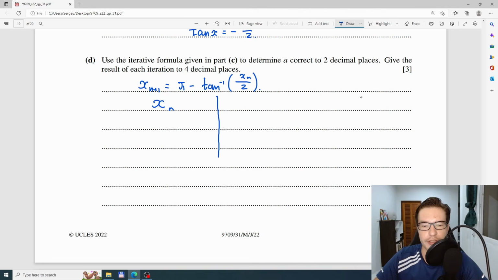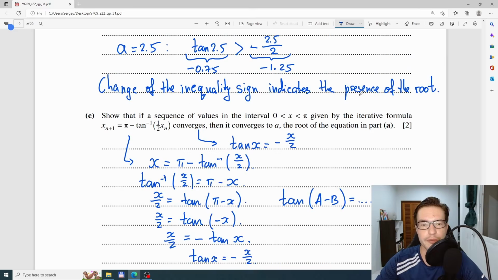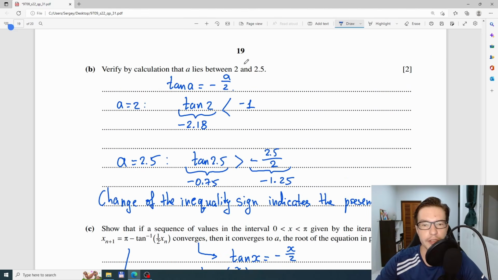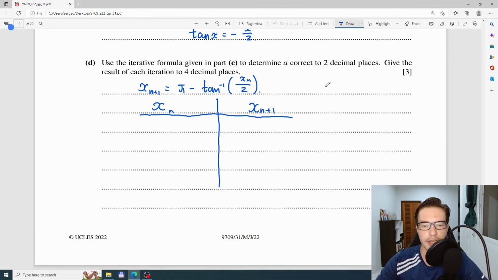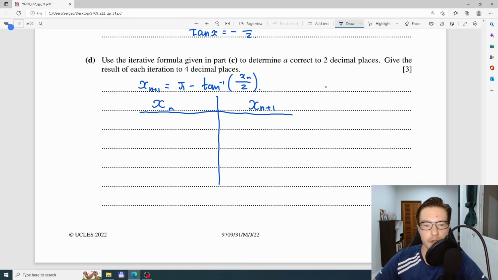I will draw xn, and then the next value x n plus 1. In the previous part, we know that a is in between 2 and 2.5. So my starting value is going to be the mid value, 2.25.